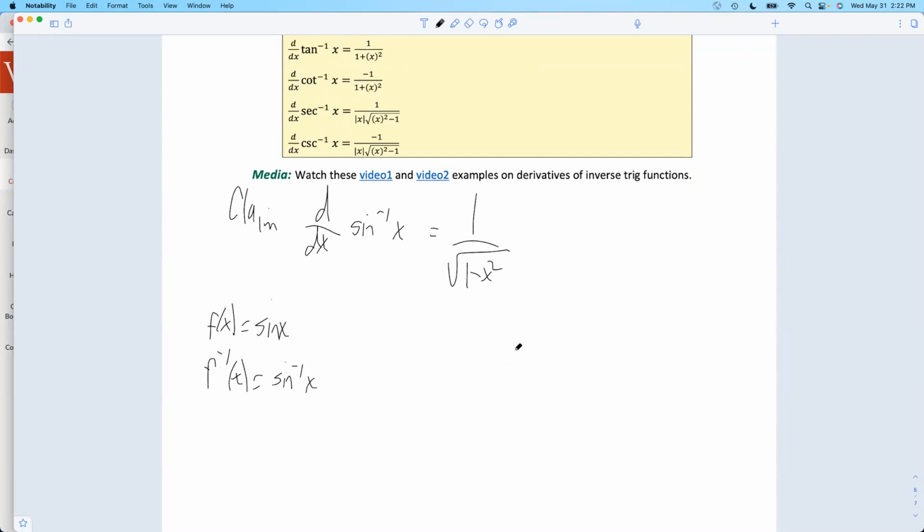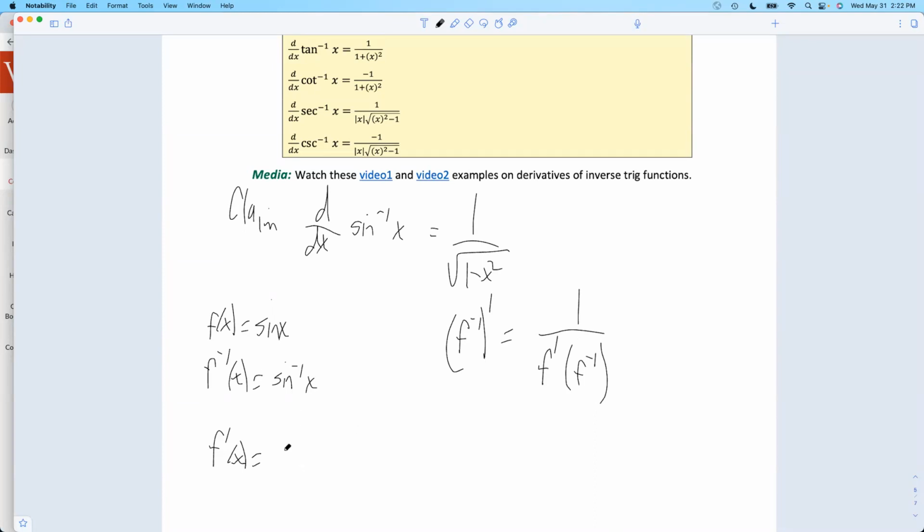Then the inverse derivative theorem says the derivative of the inverse will be 1 over the original function f's derivative evaluated at the inverse. So I need to find the original function's derivative.